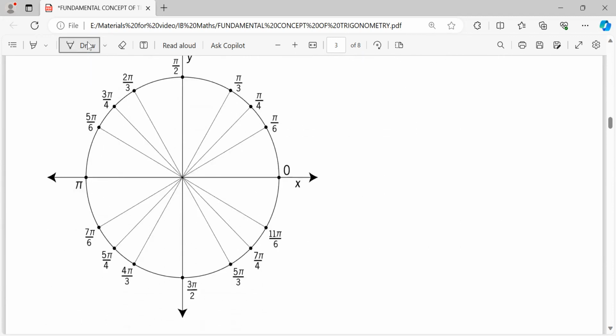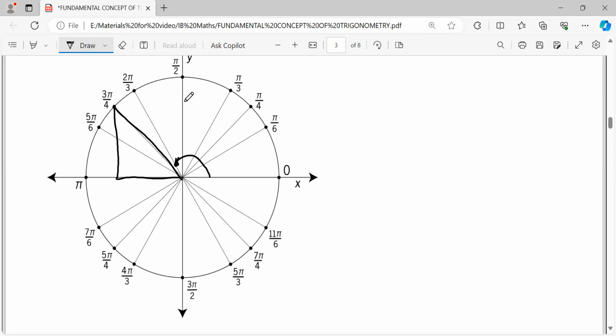Now we move to 3 pi over 4. I'm going to create the triangle. 3 pi over 4 actually this. Okay. But we are going to find this angle.